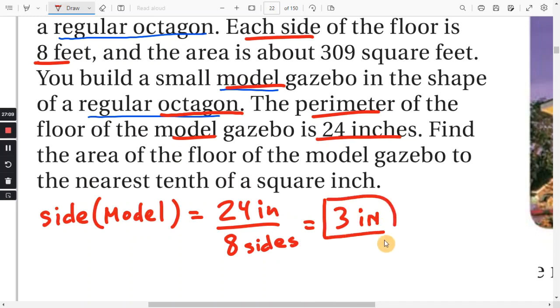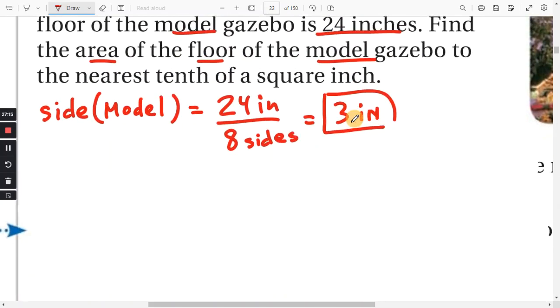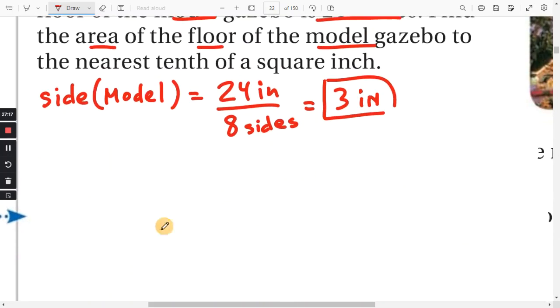And we're looking to find the area for the floor of the model. All right, so first we're going to do the ratio of the sides. We'll do the larger one in the numerator. That's going to be the actual gazebo. And we'll do the smaller one, or the model, in the denominator.